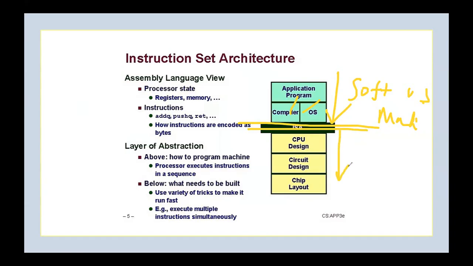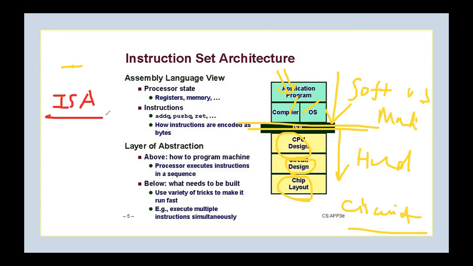Anything below the ISA is CPU, circuit, chip layout; it is hardware. Whether it is hardware or software depends on whether you're talking about a program or a circuit. If it is a circuit, it is hardware. If it is a program, it is software. And the hardware and software interface is this ISA.